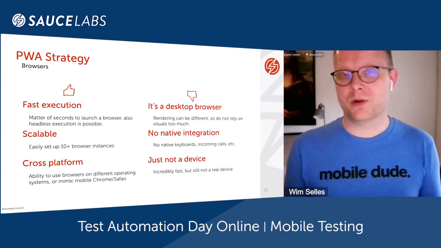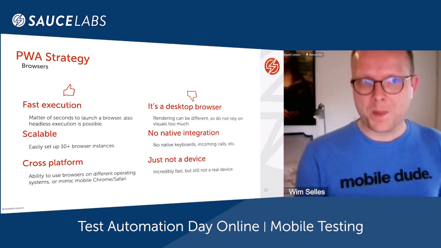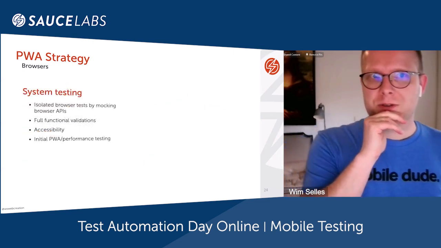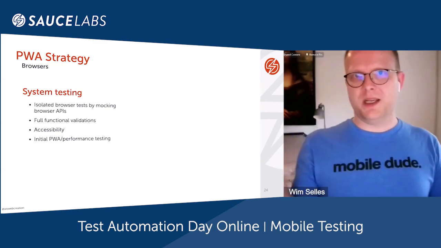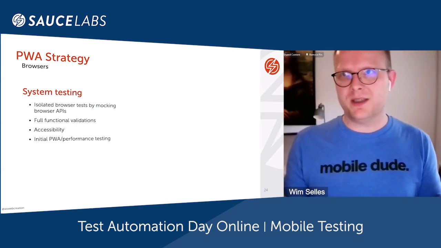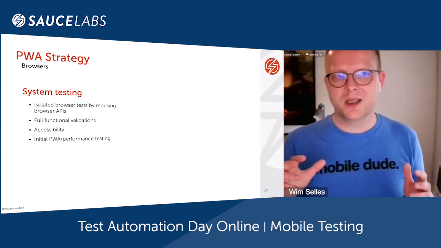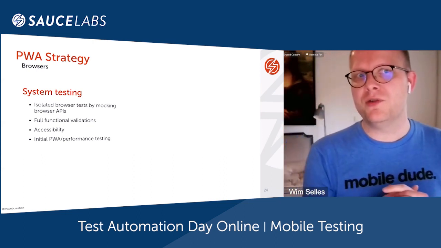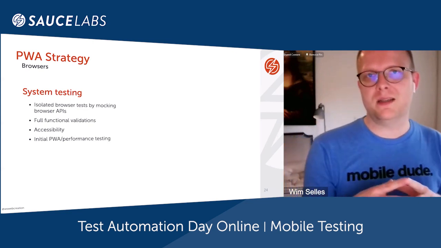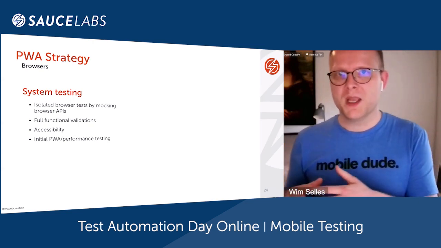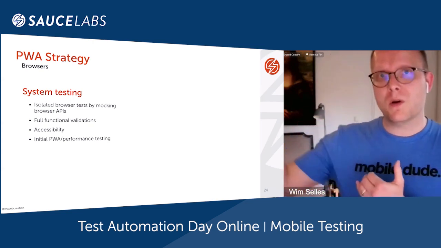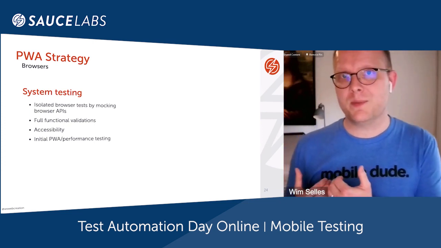And now you might wonder, okay, what should I test where? Well, if we're talking about the browsers, then I would say system testing. You could see this as unit testing. On the other hand, we're doing it in a UI, so it's not really unit testing. But what I would advise you to do here is to create some isolated test cases in your browser where you could verify if you could call a specific browser API.